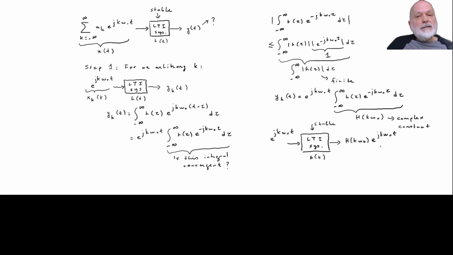And that constant is a complex constant. Therefore, this means the system action causes a change in the magnitude, okay? And also it introduces a phase, which is the argument of the complex constant.